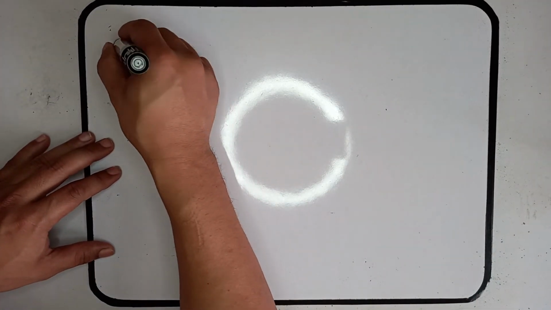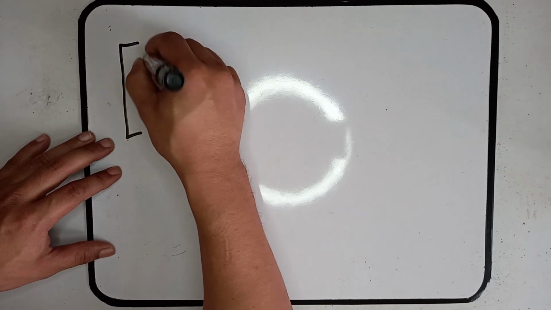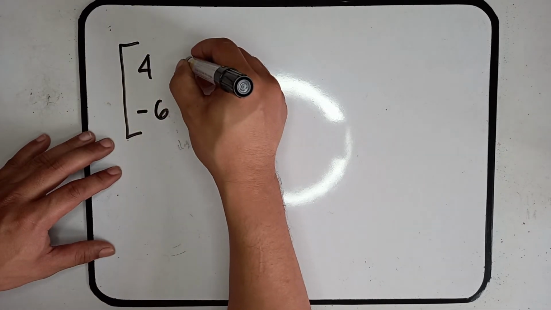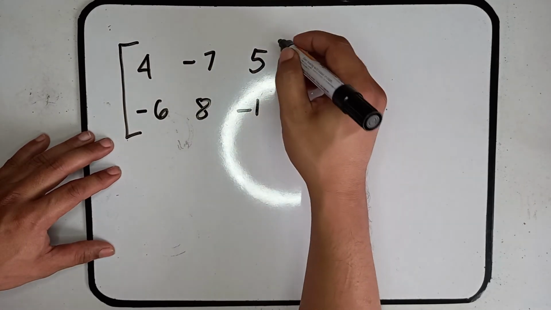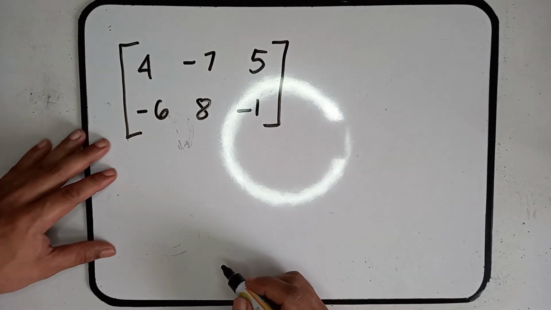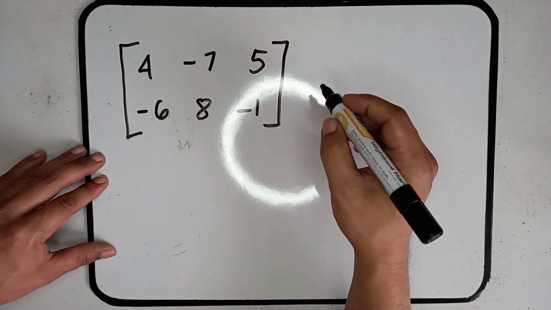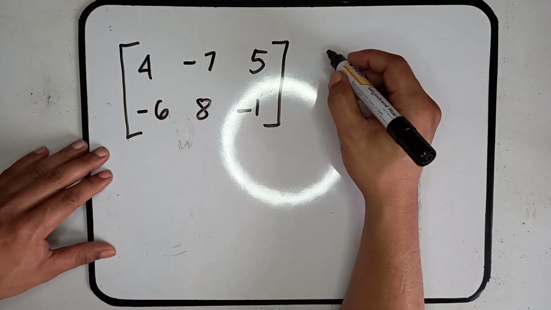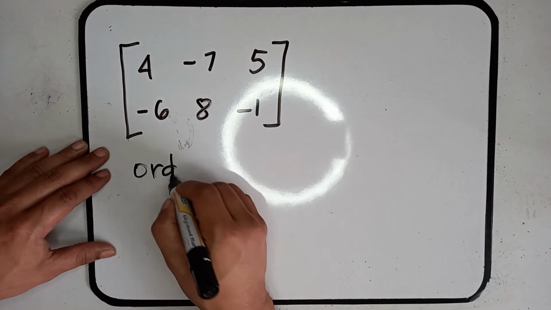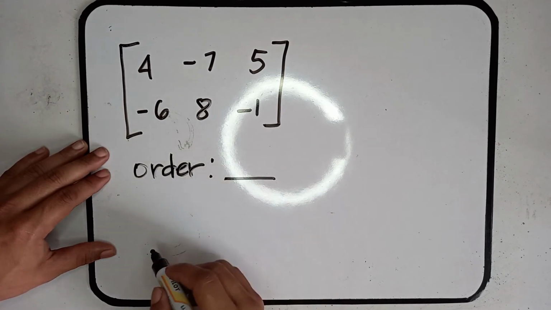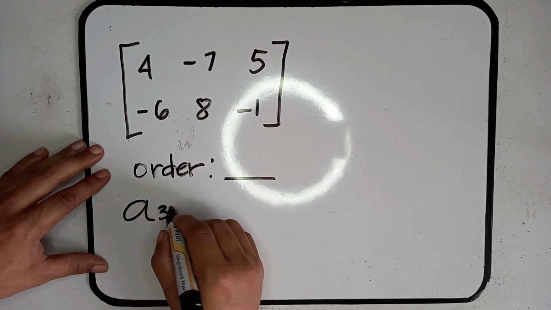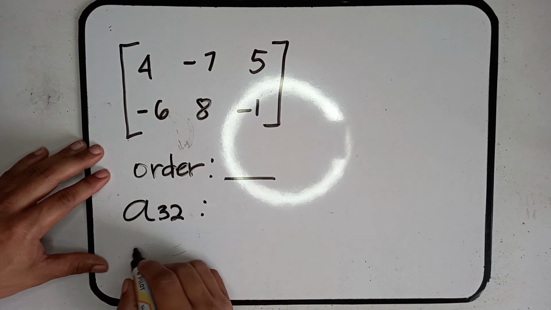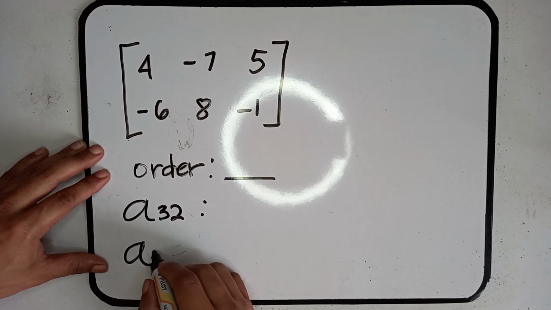Okay, let's have a few more examples. Let's say we have 4, -6, 7 and 8, 5, -1. Now the questions are, we have to find the order, we have to find an element, and then we have to find another element.